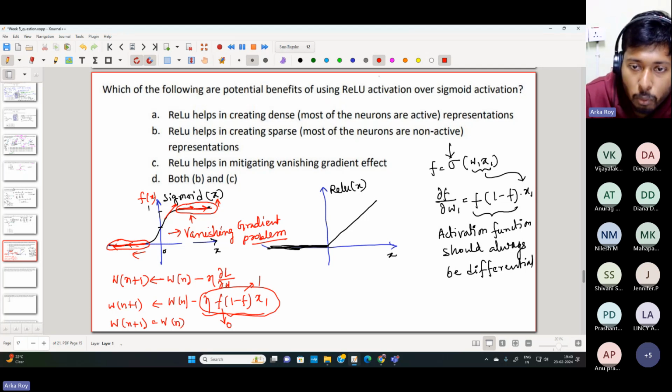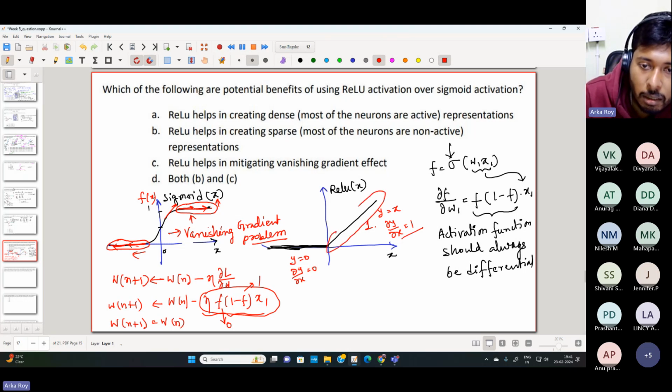But in case of ReLU, the derivative will be 1, because over here y is equal to x, and here y is equal to 0. So over here del x of y will be 0, and over here del x of y is equal to 1. So at least for this whole region, you can see the derivative exists.